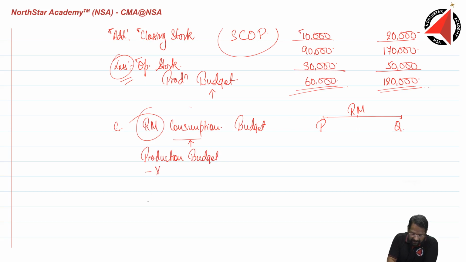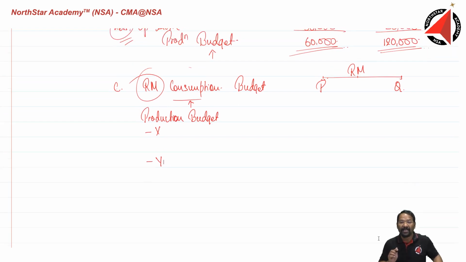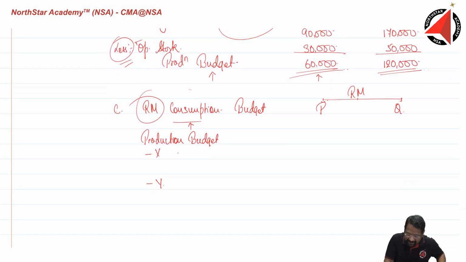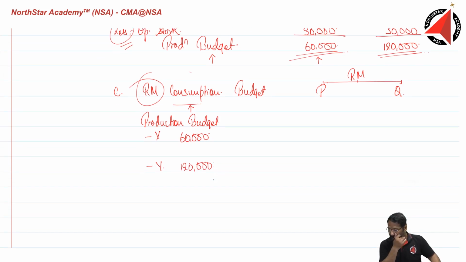So X and Y. Now the question is, how many units of X and how many units of Y you are going to produce? So 60,000 units of X and 120,000 units of Y.